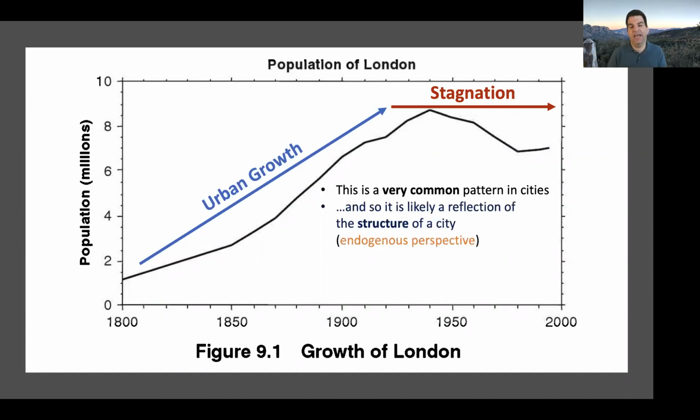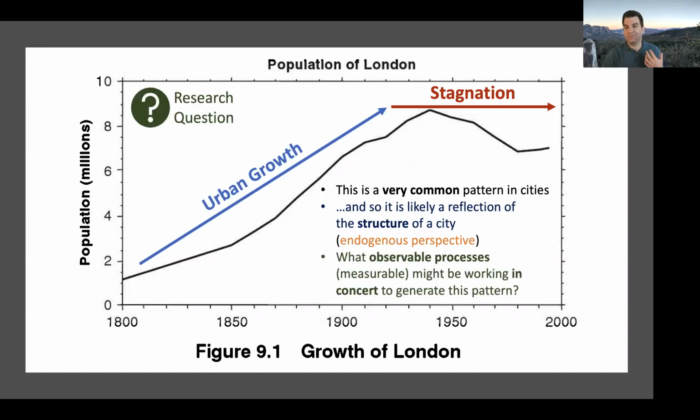But the fact that we see it across lots of cities that don't appear to be connected to each other suggests it might be a reflection of the internal workings of all cities. That takes the endogenous perspective that there are systemic forces that are the causal drivers of this stagnation effect. So we then ask, what observable processes might be working in concert inside a city to generate this pattern?